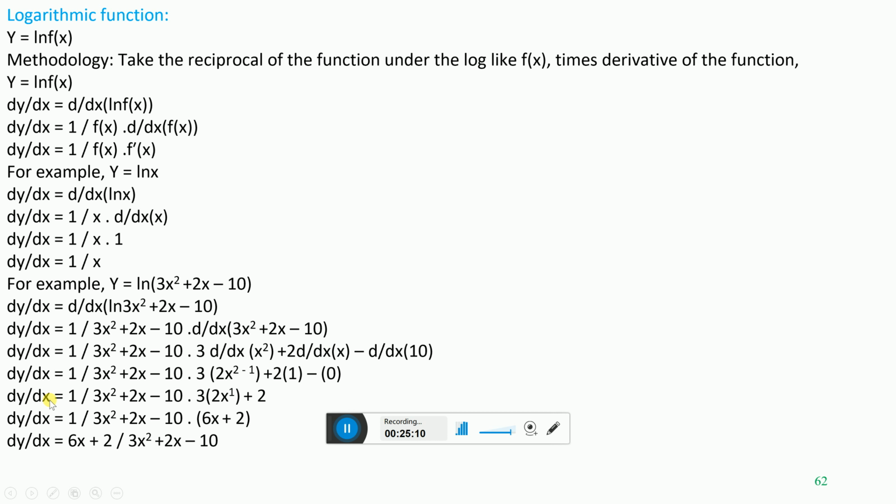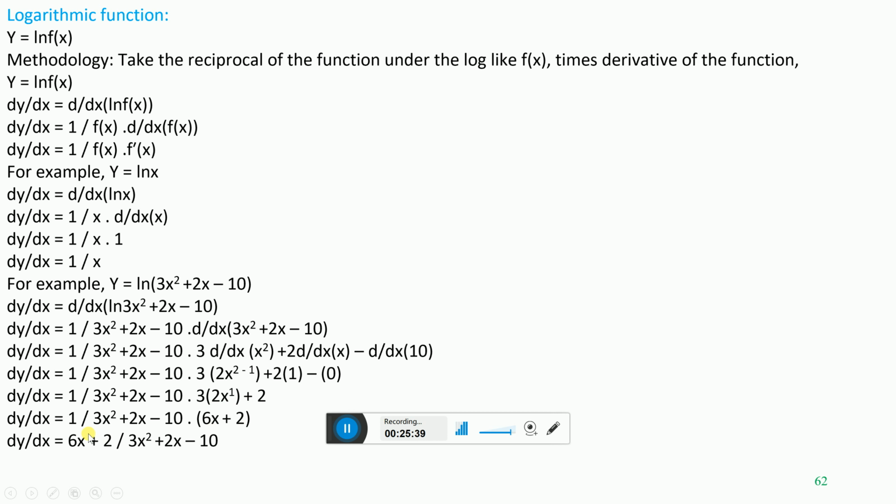So dy over dx is equal to 1 divided by 3x squared plus 2x minus 10 times 3 as it is, 2x to the power 2 minus 1 which is 1, plus 2 times 1, which is 2. So dy over dx is equal to 1 over 3x squared plus 2x minus 10 and times 3 multiplied by 2x, 6x, plus 2. This 3 is in multiplication with 2x only, not with this 2.